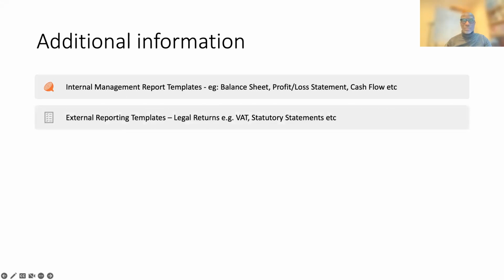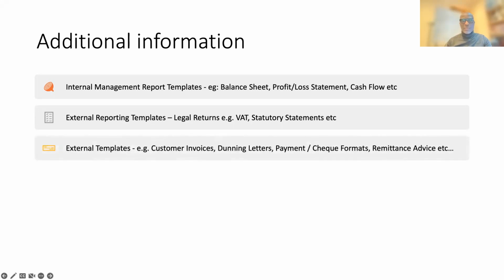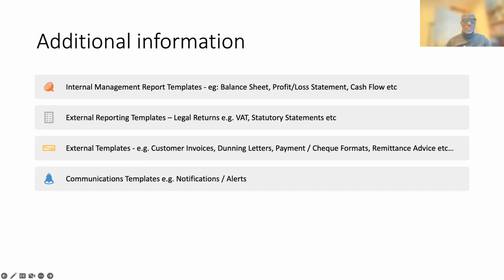Maybe they've got some legal returns like VAT returns, any statutory statements and so on. Any external templates, customer invoices, dunning letters, remittance advice and so on. And any communications templates: do they need to send notifications and alerts to people in the organization to do certain things? Start to get that information during the discovery workshop.